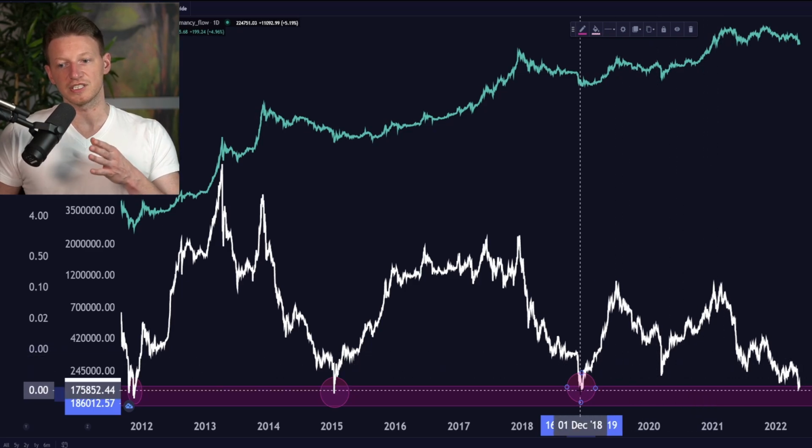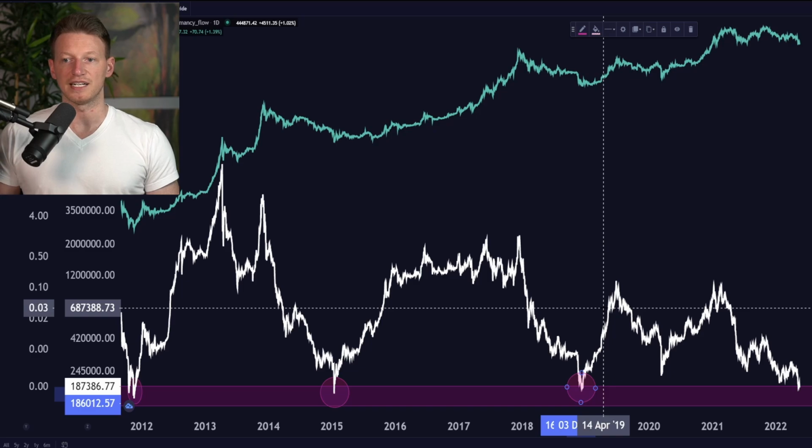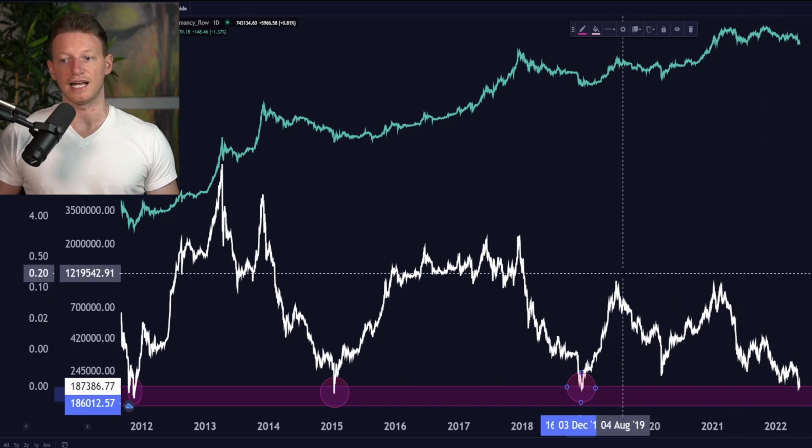But it's not so much that we're trying to identify a specific price here. It's that we're trying to identify a specific region, a region of the market sentiment, a region of the investor behavior. And it looks as though we are now in that lower region. But again, we're going to have to watch what the economy does.